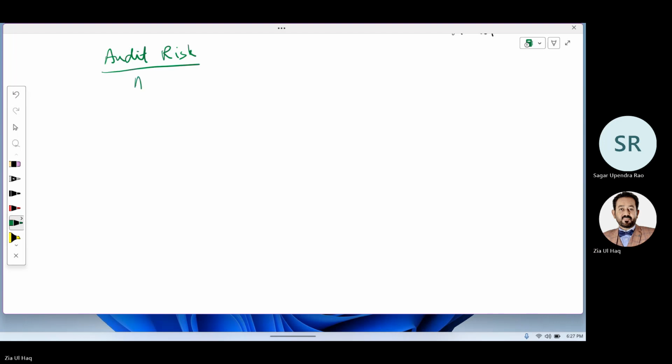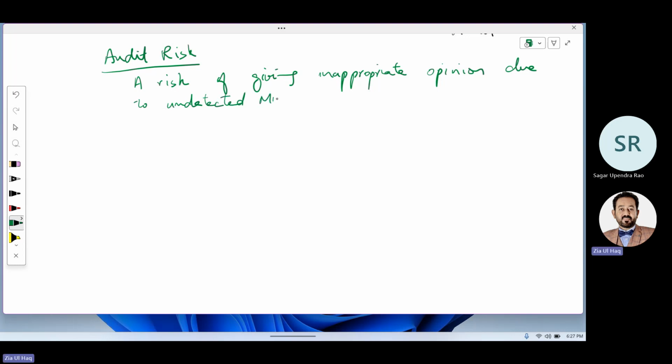Audit risk means a risk of giving inappropriate opinion due to undetected misstatements. What does the auditor do? The auditor needs to detect misstatements in the financial statements.